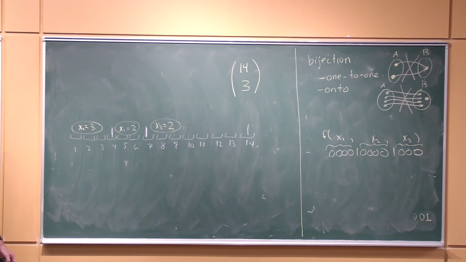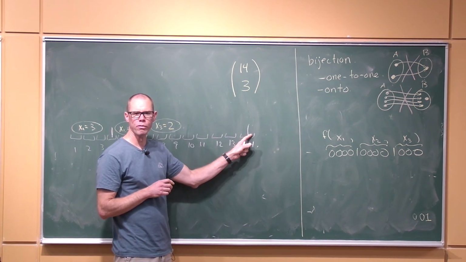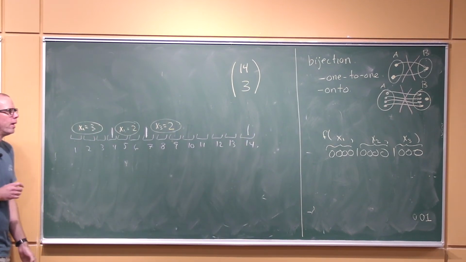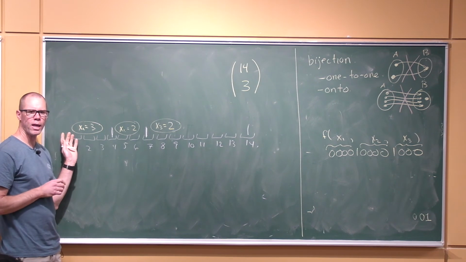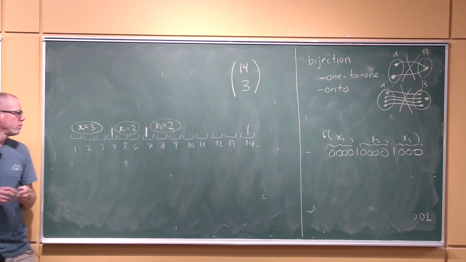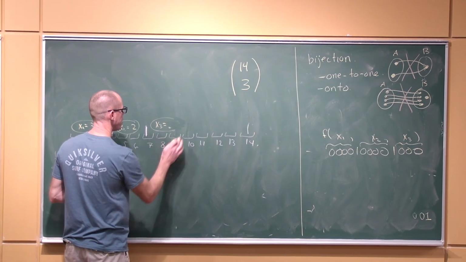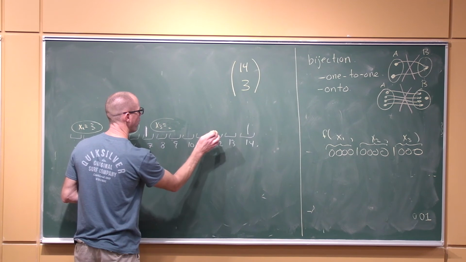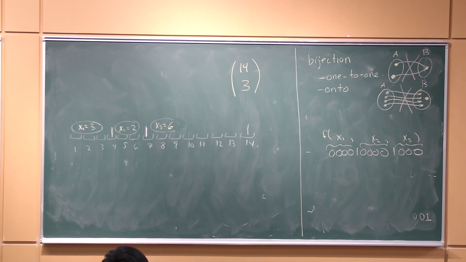So all the solutions that add up to 11 are the ones where the final one is over here at position 14. Because then that leaves 13 other slots. 2 of them are occupied by 1s, so that leaves 11 blank slots that get counted. So moving the 1 over here increases x3 to 1, 2, 3, 4, 5, 6. And hopefully 6 plus 2 plus 3 is indeed 11.